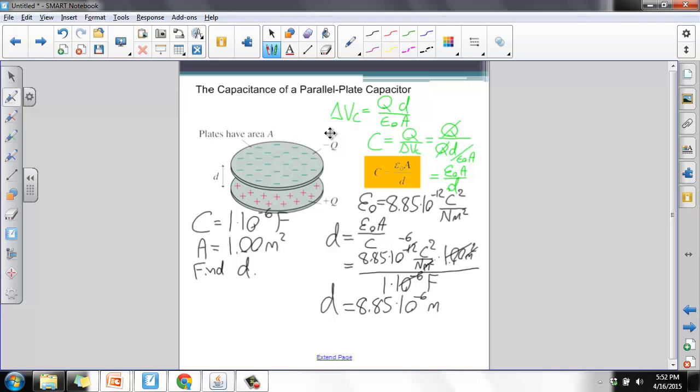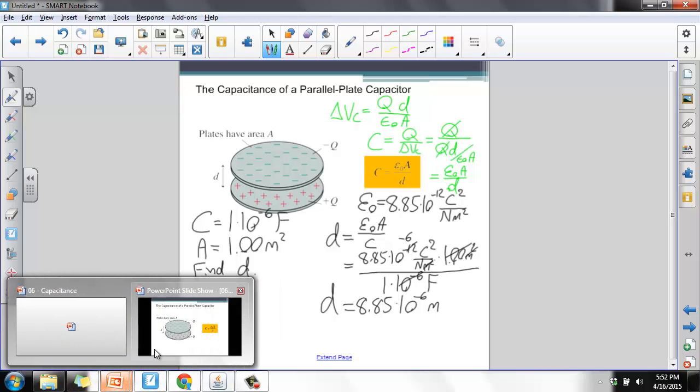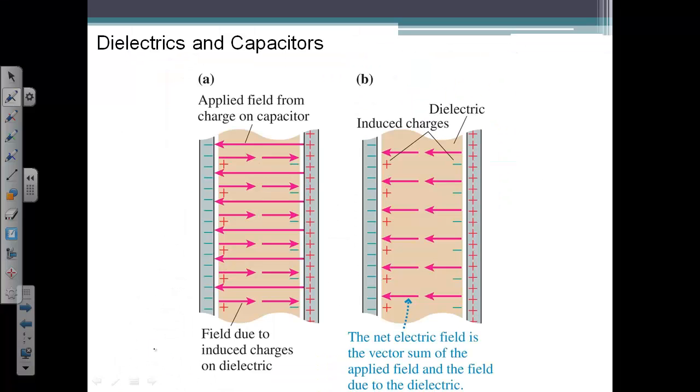We need some way to make the capacitor more efficient. That way is called a dielectric. So you create a capacitor with a dielectric by putting some sort of insulator in between the two sheets of the parallel plate capacitor.